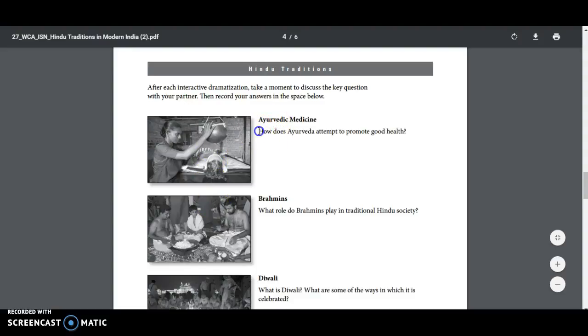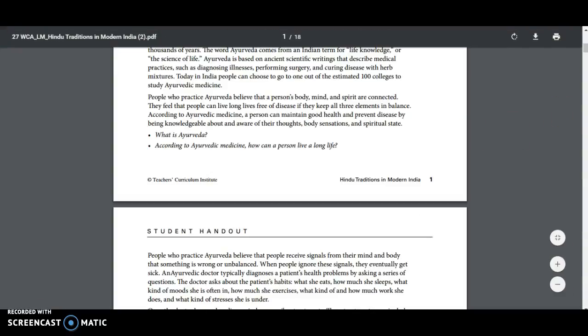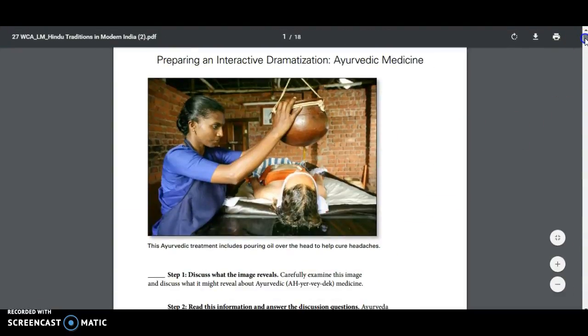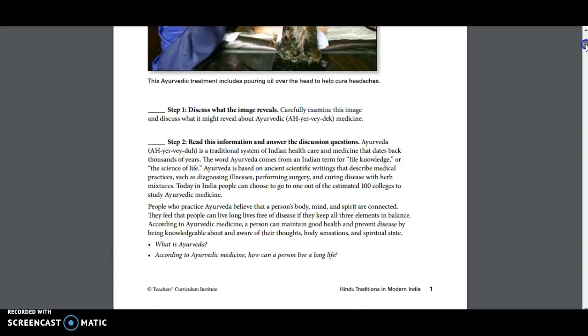You need to answer these questions in depth and write them in your ISN packet. Don't just discuss with your partner, actually write them in your packet. You will repeat this step for all of the different pages in here.